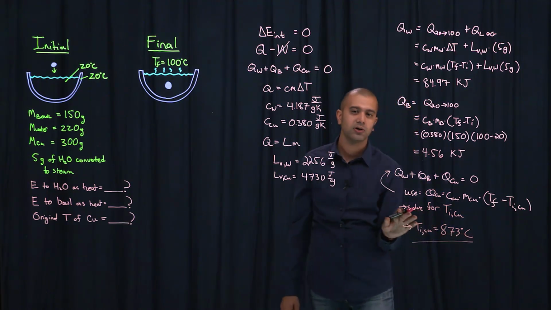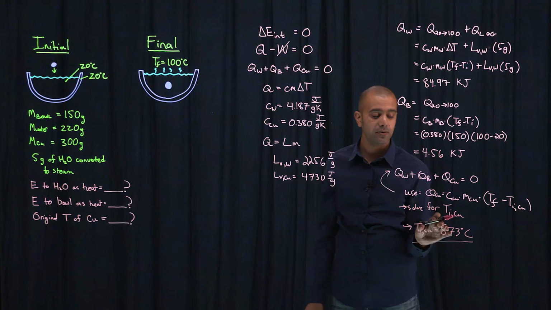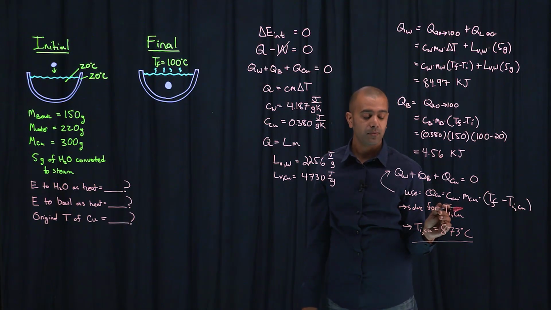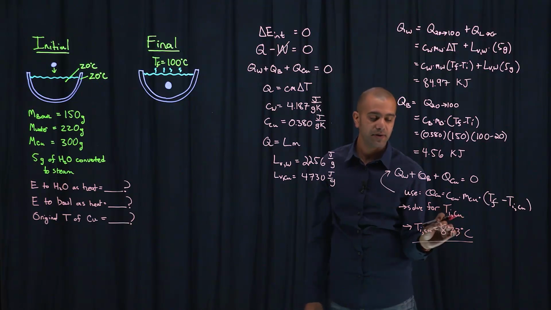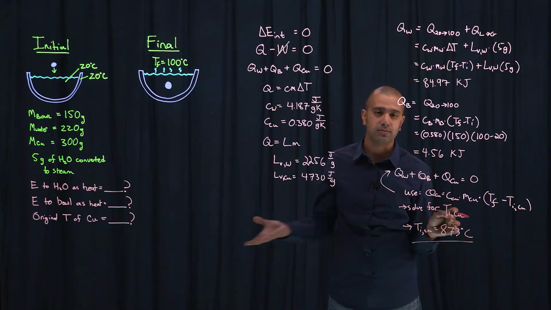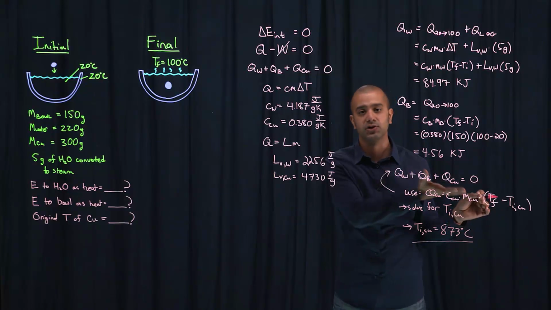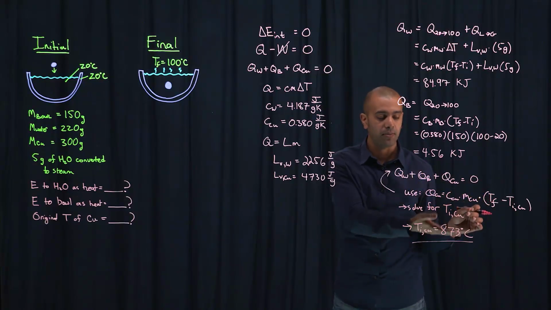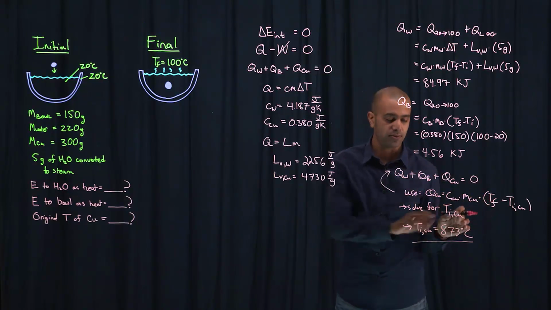Now you want to make sure, just on physical grounds, that this value is below its melting point. If you got a number of 873 but it melts at 500 degrees, that doesn't make sense because you didn't account for its phase change in the heat here. The copper melting point is actually much bigger than this, so we're fine here.